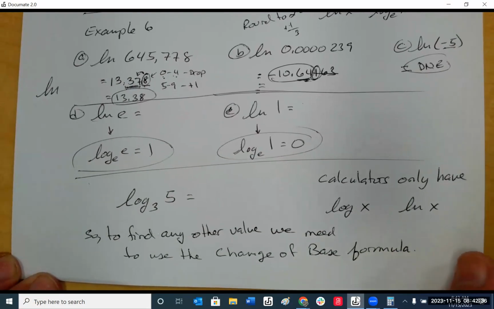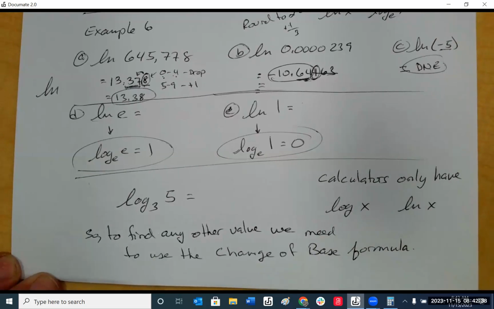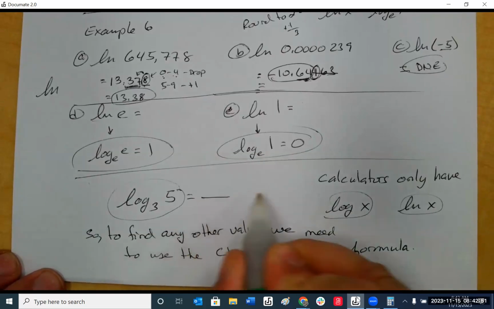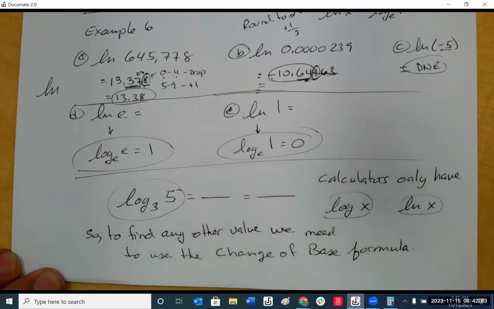In other words, what we have to do here is rewrite this equation using either one of these. And they're both going to be the same. It's a fraction that we have to convert it to.